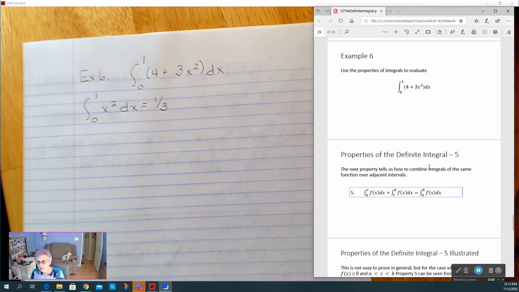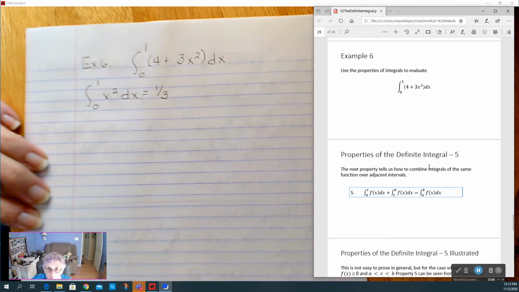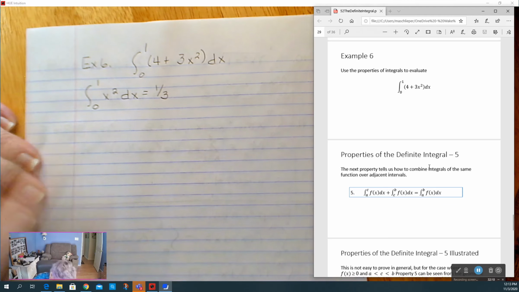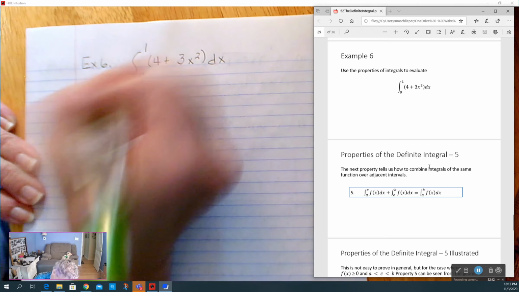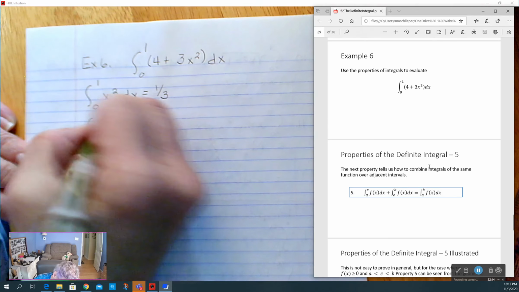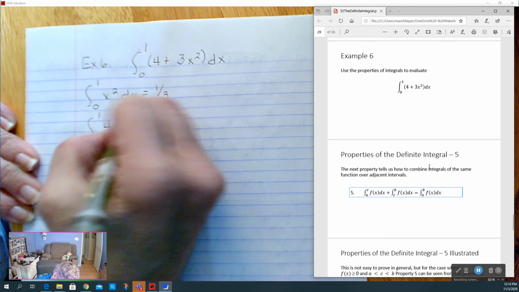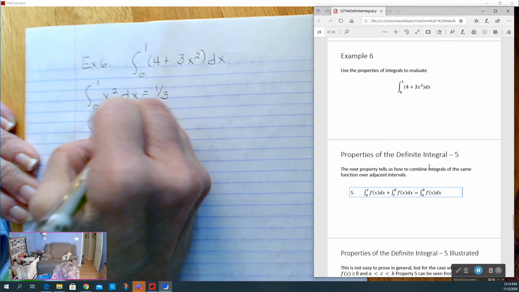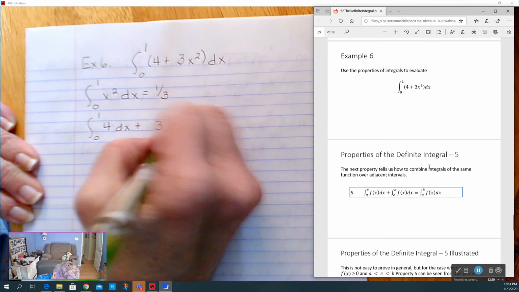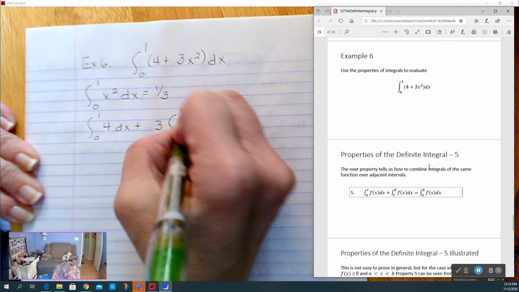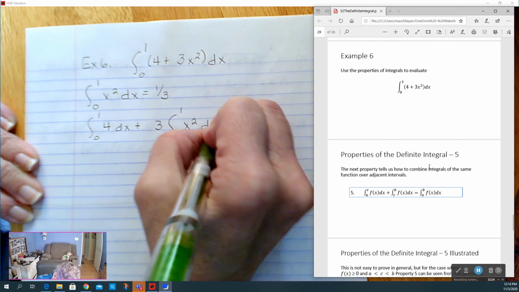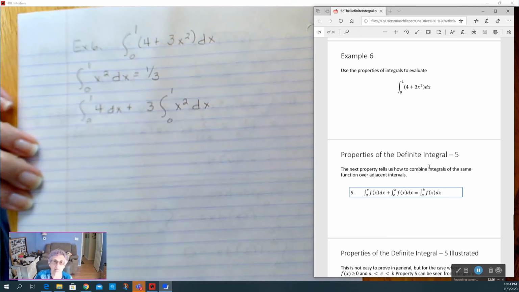Without that, we couldn't calculate this at this point. After the next lesson, you could. So this integral is equal to the integral from 0 to 1 of 4 dx plus 3 times the integral from 0 to 1 of x squared dx.